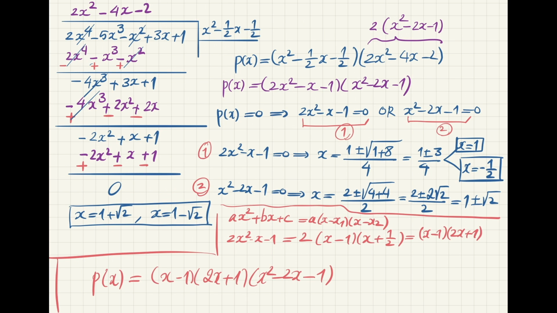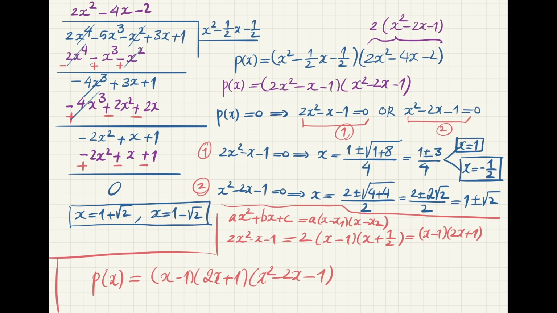But as I told you, this is not needed in this problem. Of course, if you do it, that's no problem. Then if you put this equal to 0, you would say that I have three factors equal to 0. So either this one is equal to 0 will give you this root, or this one is equal to 0 will give you this root, and again this one equal to 0 will give you two other ones. That's also possible, but it was not necessary for this problem.